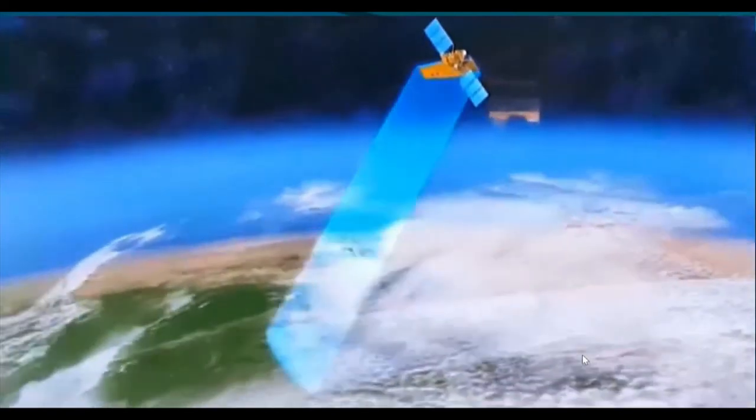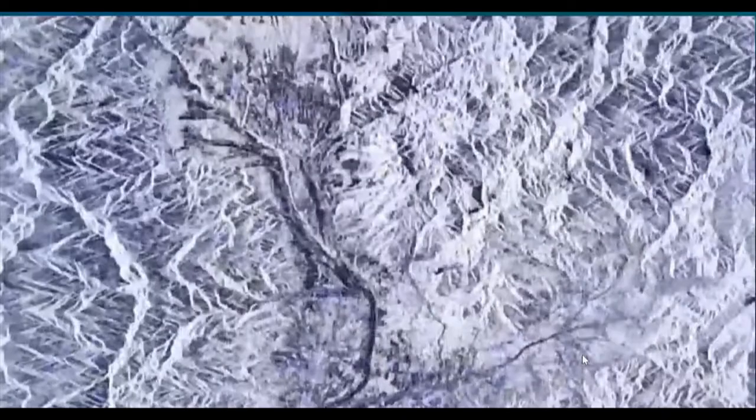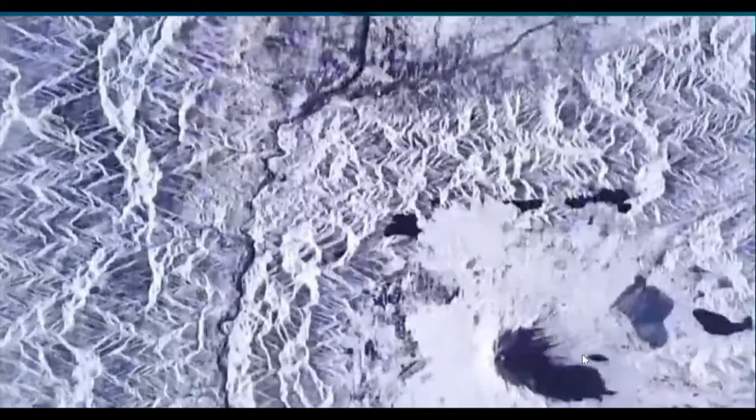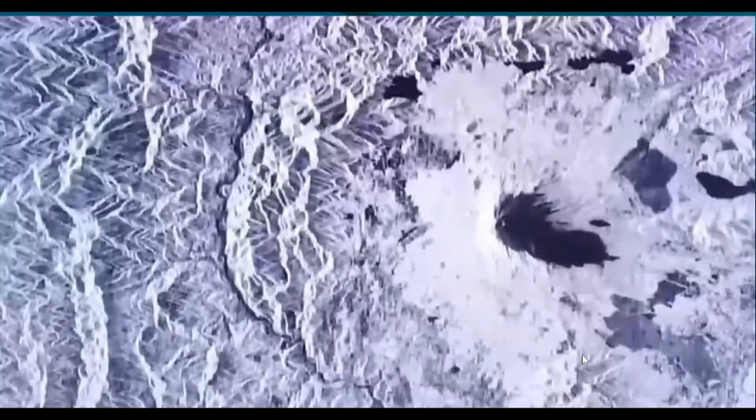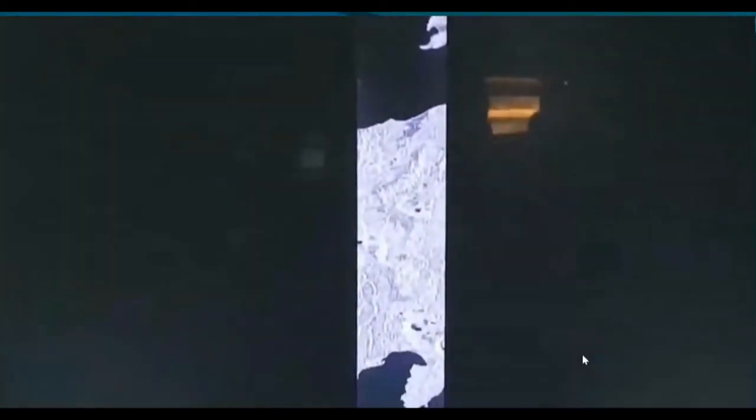The sensor is not tilted in this case. Radar pulses are thrown and backscattered energies are received, and we can obtain strip-like imagery. It is similar to push broom scanning. So a very long strip-like imagery we can obtain.